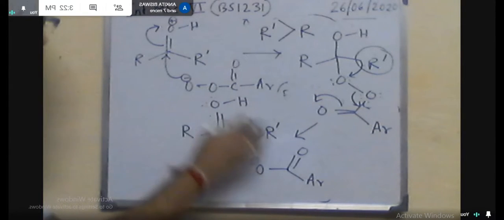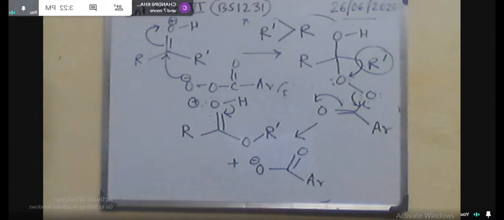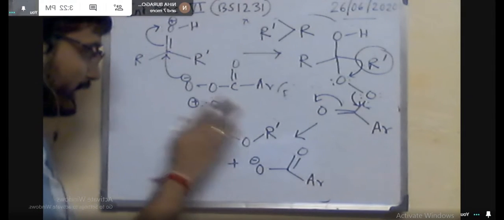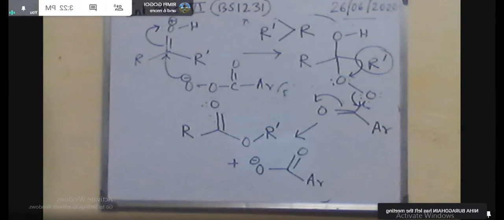Now what will be the migratory aptitude? Generally, say if I consider the example like this way.